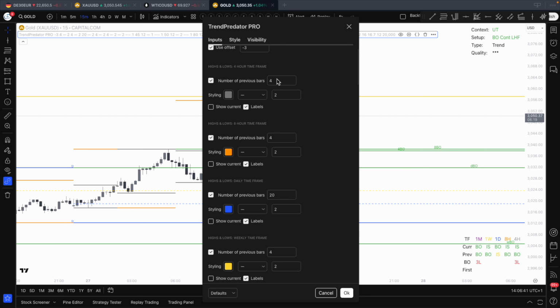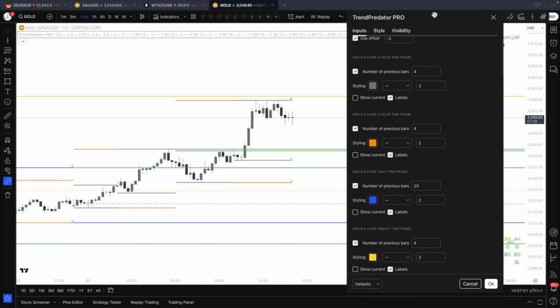This is the 4-hour one that starts off, and you always have the option for color, whether it is dashed or solid, and the thickness. You can show the current candle if you like. I typically switch that off, otherwise it's too busy, and you can switch the labels on or off if you like. So it's this one here.